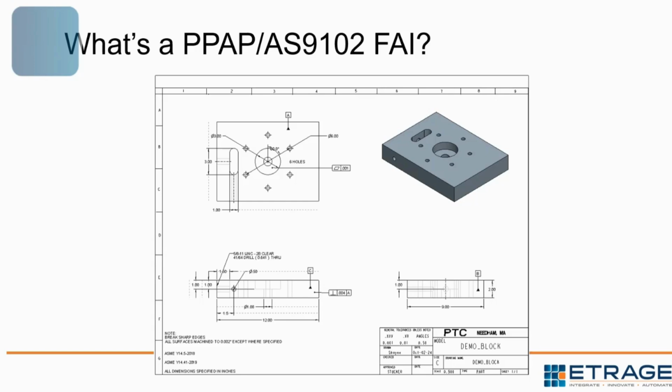And a supplier needs to do a first article inspection. Usually it's due to industry requirements or regulatory requirements like AS9102, usually in the aerospace industry, or in the automotive industry, it's usually called a PPAP. Or sometimes a customer also requires an FAI to be done before a manufacturing process begins.